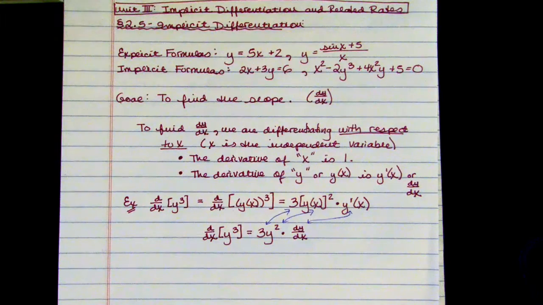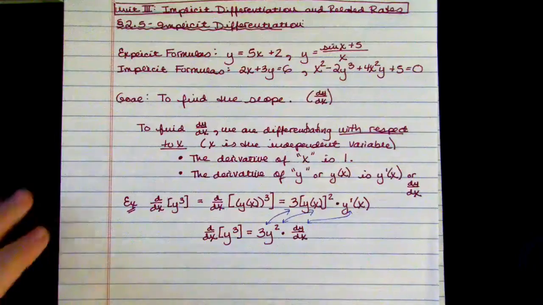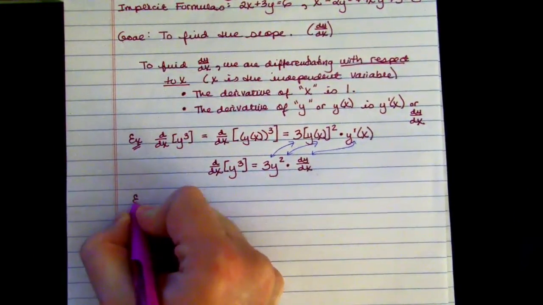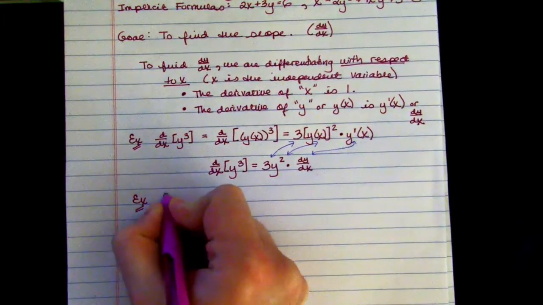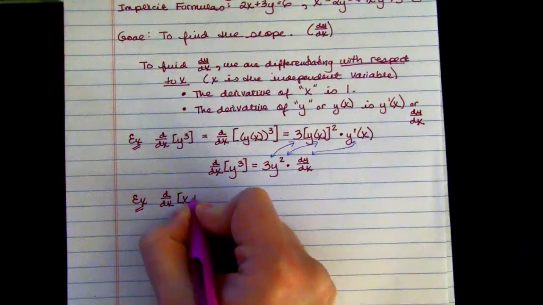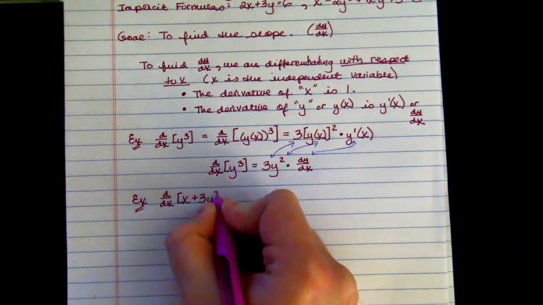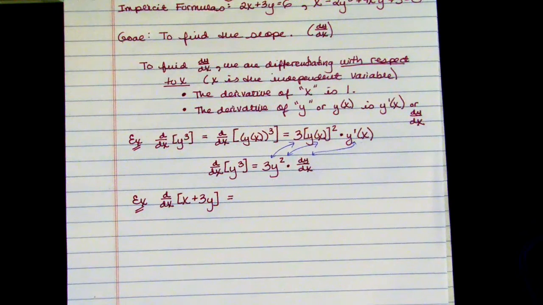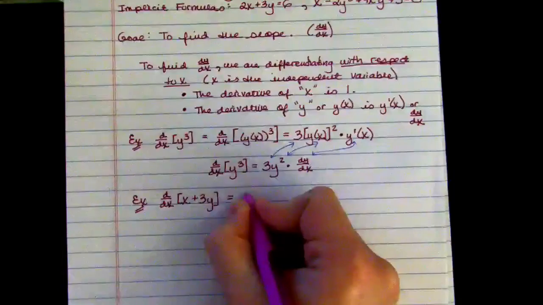Let me show you 2 more of these, and then we'll start getting into some actual complete implicit formulas. Let's take a look at the derivative of x plus 3y. The derivative of x is just 1.